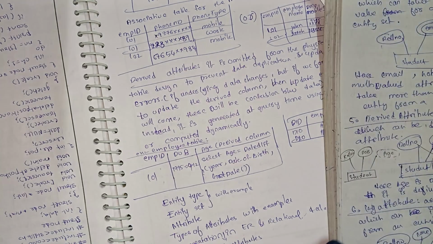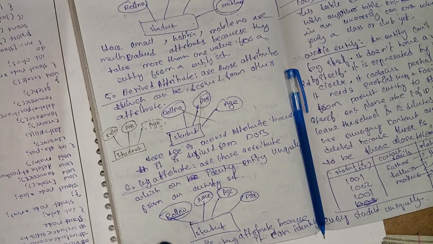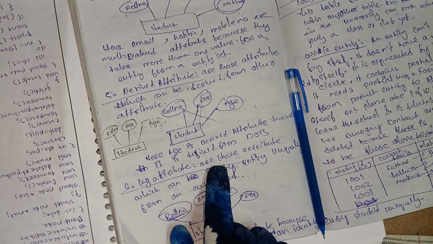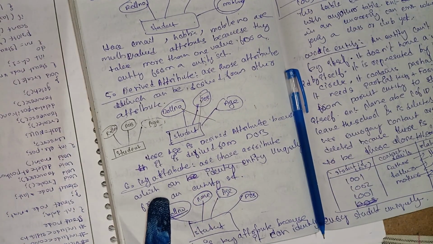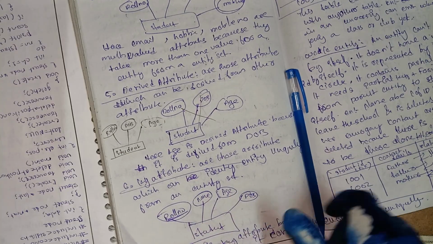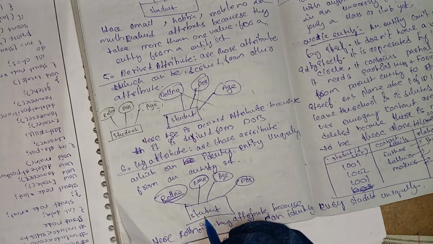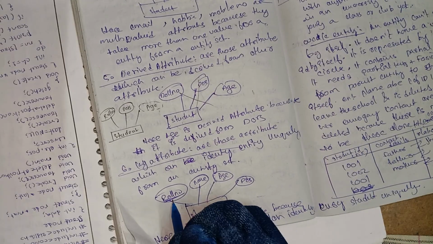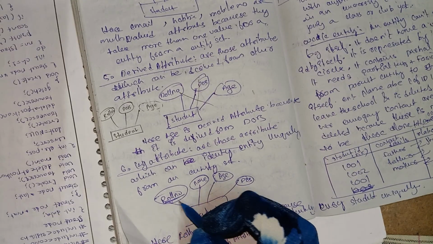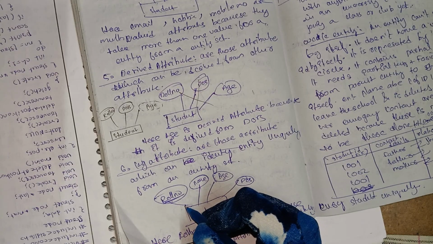All attributes are completed, and key attribute is also there. So key attributes are those attributes which can identify an entity uniquely from an entity set. So the entity is a student here. Roll number is a key attribute. Why? Because it is unique and not a null value.